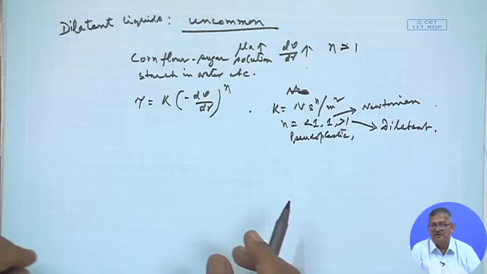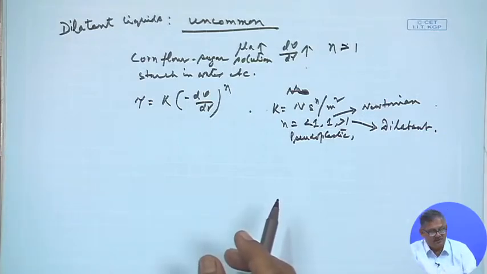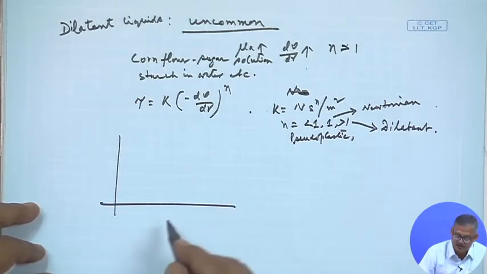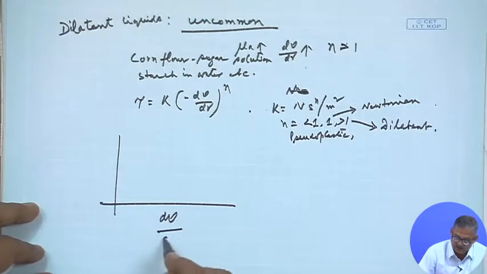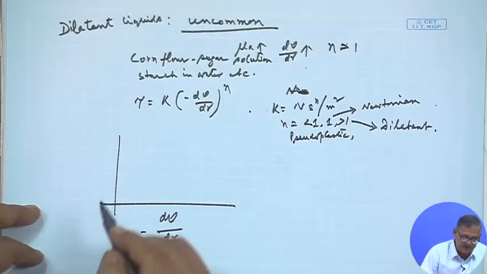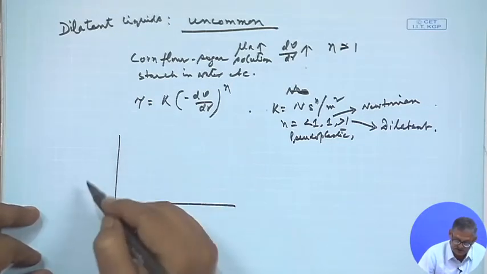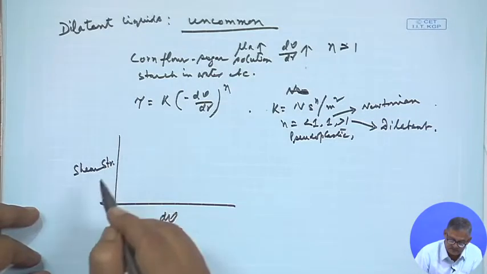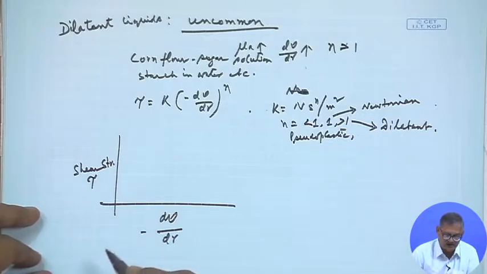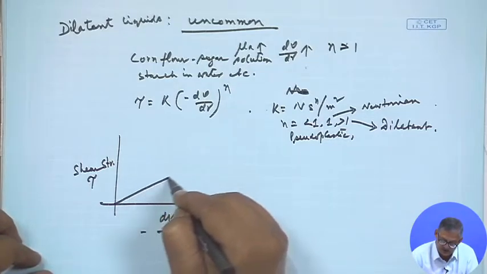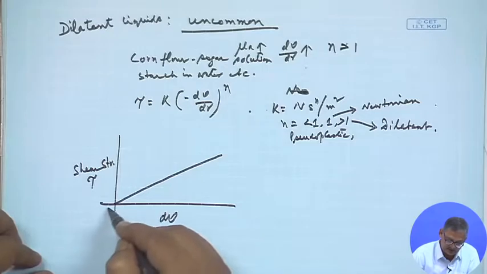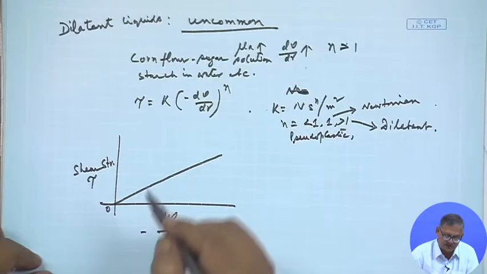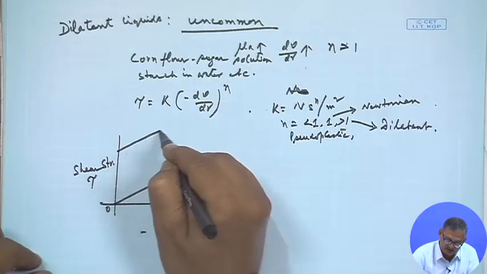Right. So, if we now plot shear stress versus shear rate, dV dr, of course with the negative, is the shear rate, and this is shear stress, that is tau, right. For Newtonian fluid it follows like this, if this be the 0. For Bingham plastic it is like that.